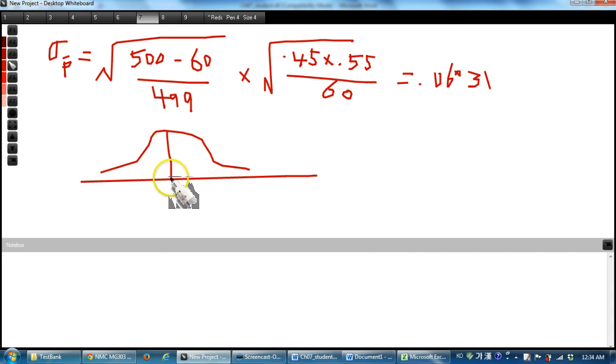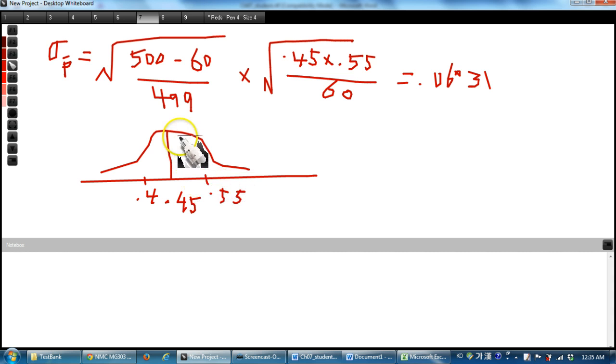In this case, question B: what's the probability that the sample proportion of females is between 0.4 and 0.55? So we are talking about 0.45 as the mu, and 0.4 is right there, and the other one is 0.55.